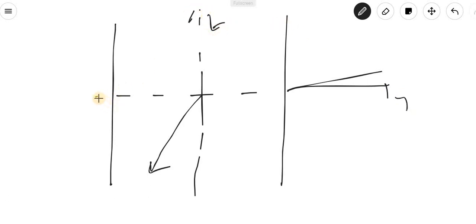Here, with some radius R, the radius of this conductor and this conductor. Firstly, maybe one question will be there.